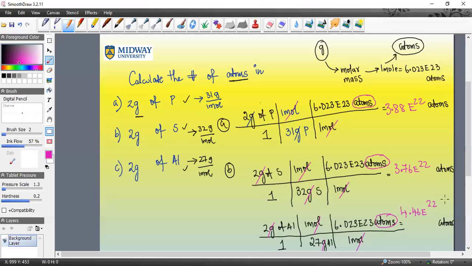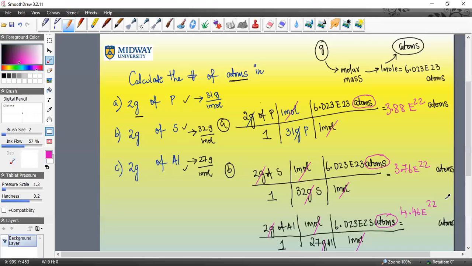To make up phosphorus's molar mass of 31 grams, you need a lot more atoms than to make 27 grams of aluminum. So basically, the number of atoms is what gives you the atomic mass.